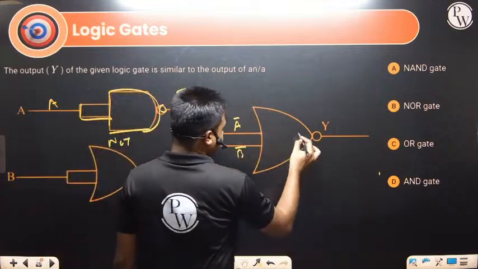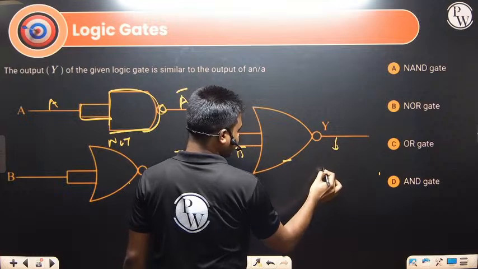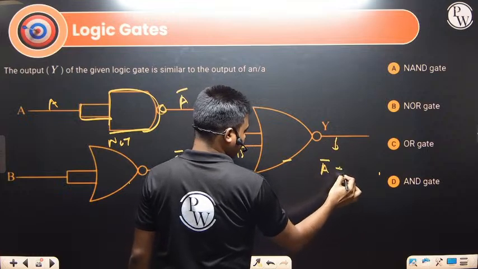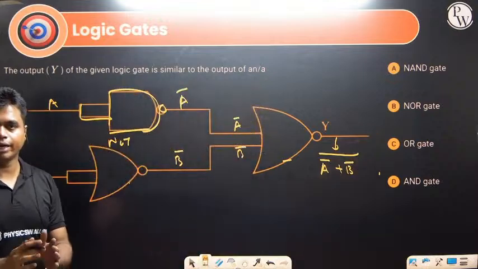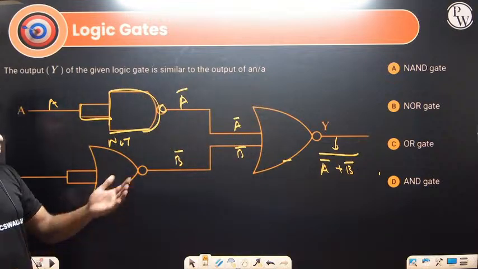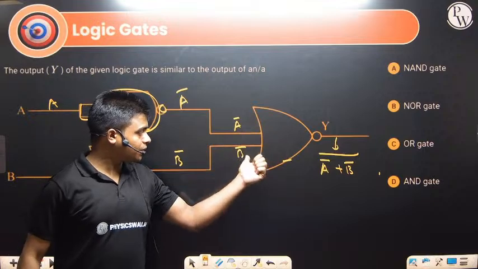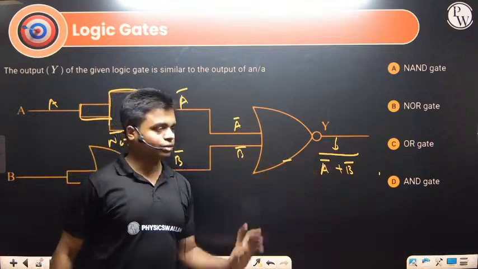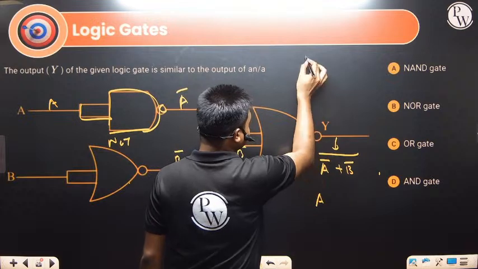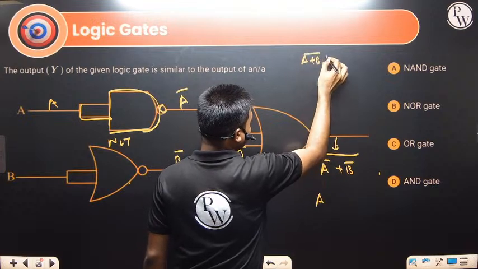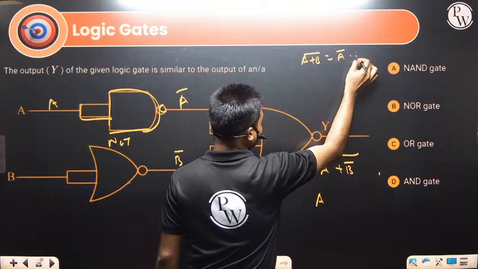So on this side, again, this is a NOR gate. What is a NOR gate? (A plus B) whole bar is a NOR gate. But here the input for this NOT gate is A bar plus B bar, so (A bar plus B bar) whole bar. What are we getting? If I apply De Morgan's law, (A plus B) whole bar is A bar dot B bar.